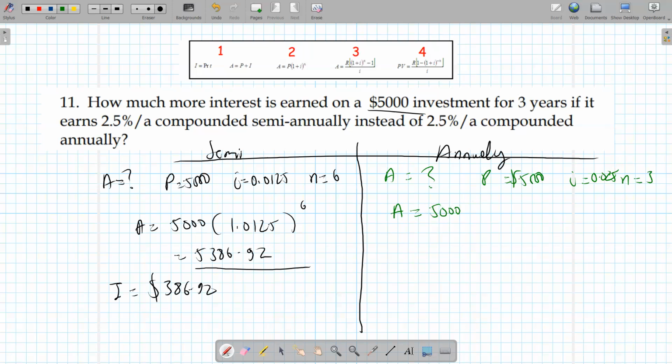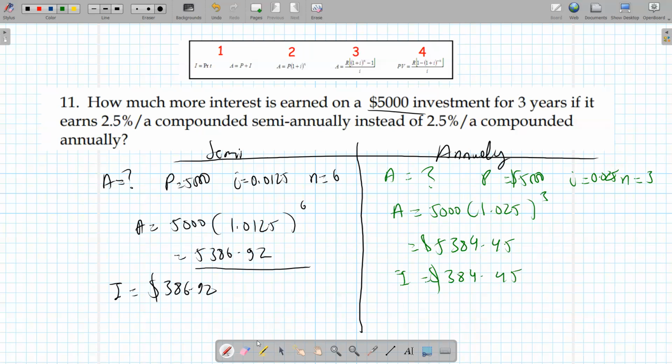So 5,000 times 1.025 to the power 3, and that gives me 5384.45. So the interest here is 384.45, right? What's the final answer in this question? You subtract the 2.